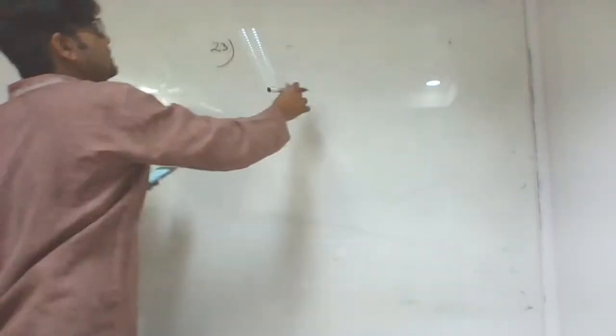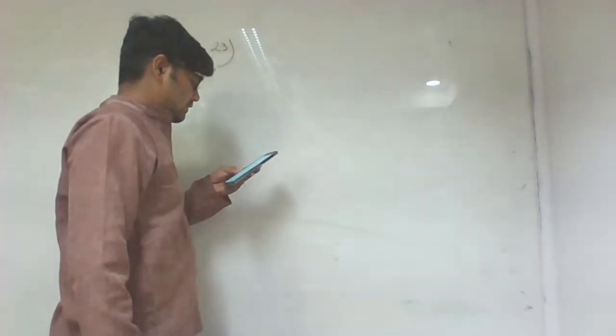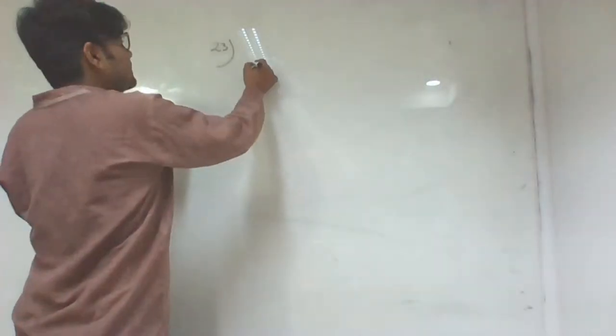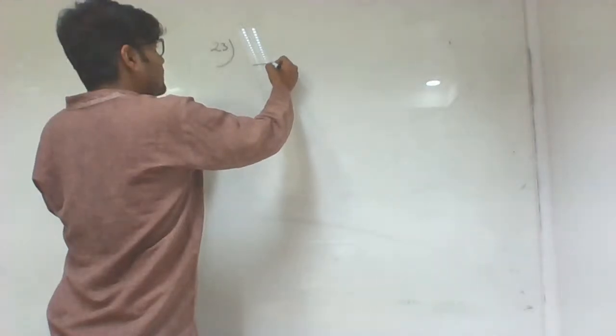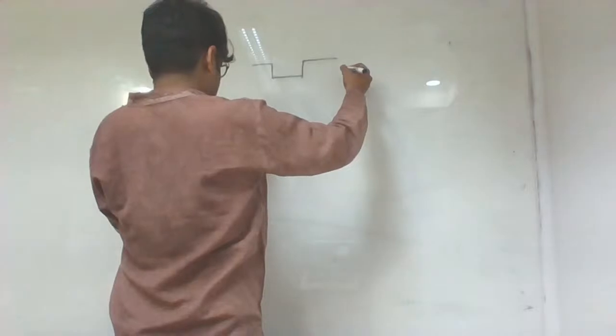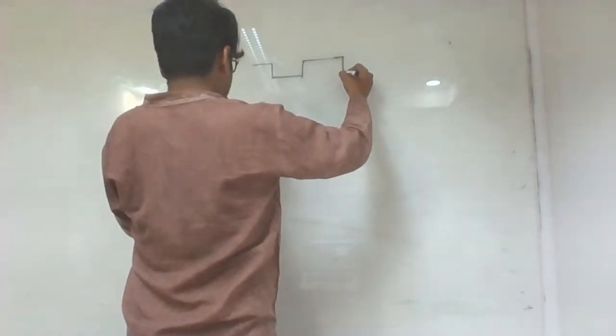This is the last question according to the memory based papers we have. So there is a logic circuit in which the input is two cycles up, two cycles down.